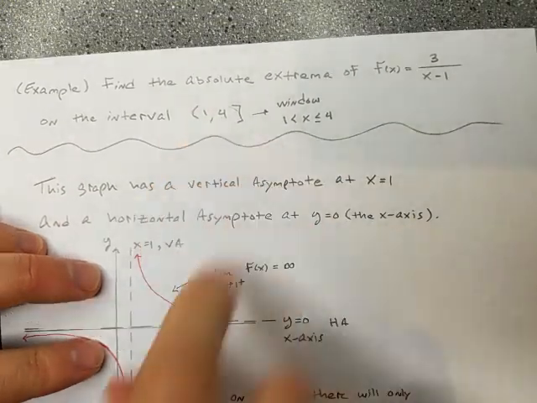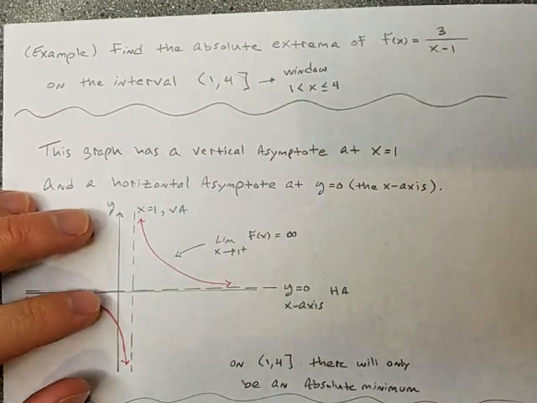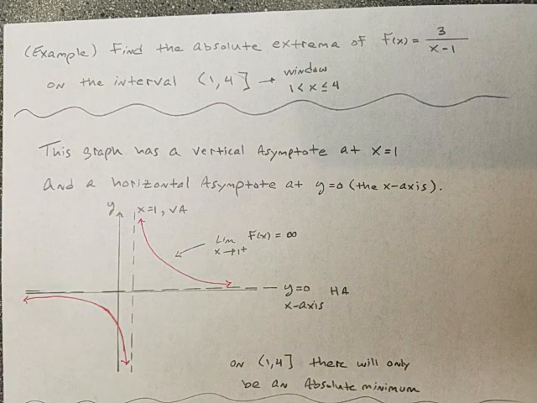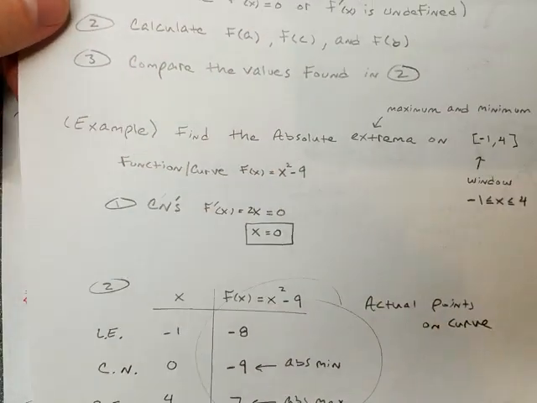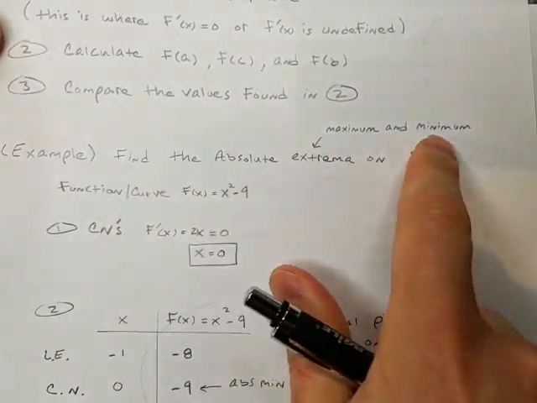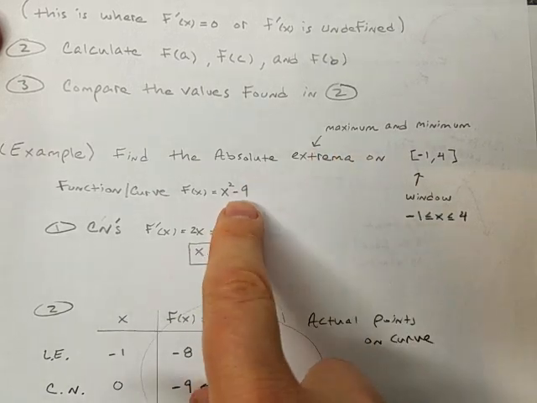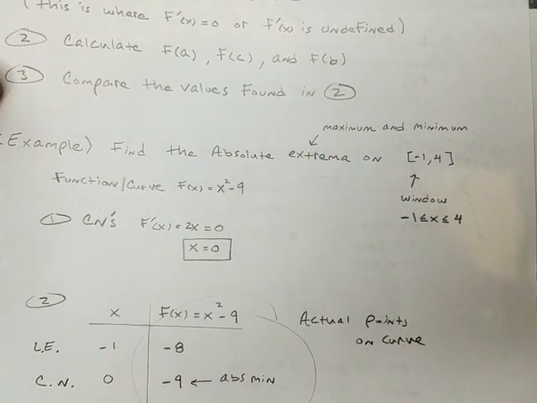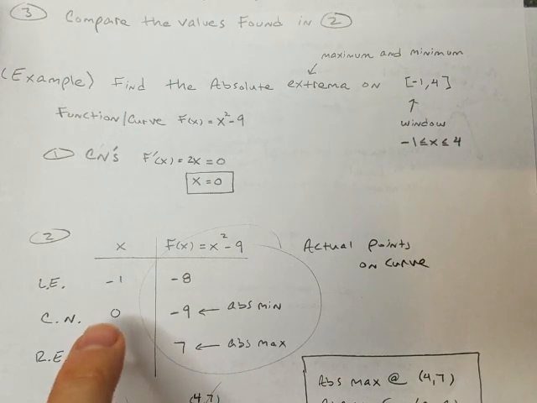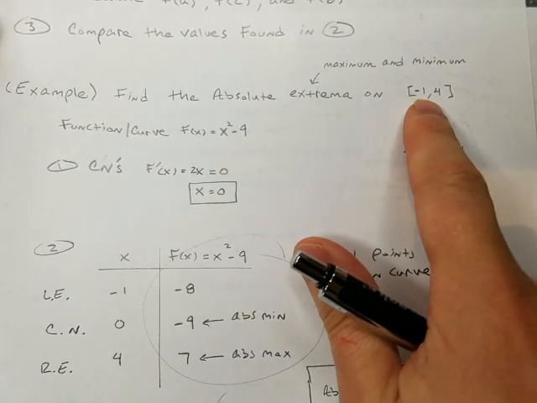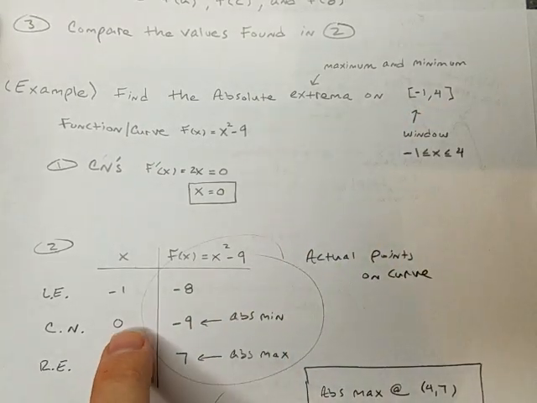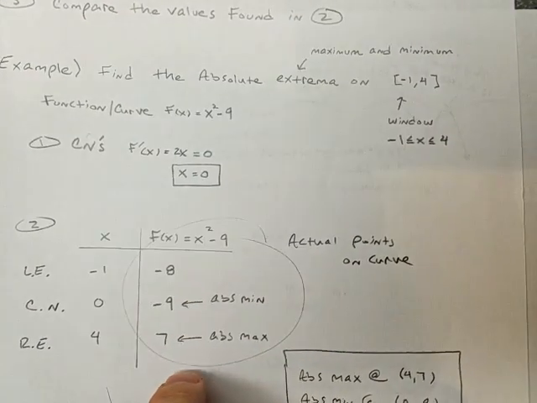Since it's not a closed interval, we don't go through the procedure that we've been doing with the other problems. Let's look all the way back here. For example, this problem: find the absolute maximum and minimum on that interval of this function. The way you do that is you find the critical number, and then you make a table with the left endpoint of the interval, which is -1, the right endpoint, which is 4, and the critical number, and you compare the values that you get.